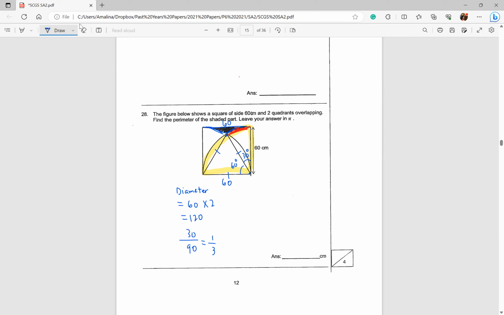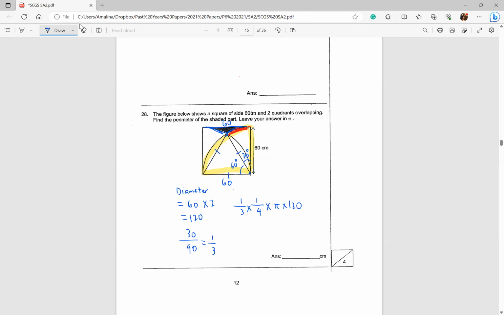Okay, so for me to find the red colored arc, this length, I will make use of the fraction. So 1/3, and then I multiply by my quadrant. How do you find the quadrant, this arc? It will be 1/4 times 2 pi r, or pi times your diameter. So 1/3 times 1/4 times pi times your diameter, which is 120.